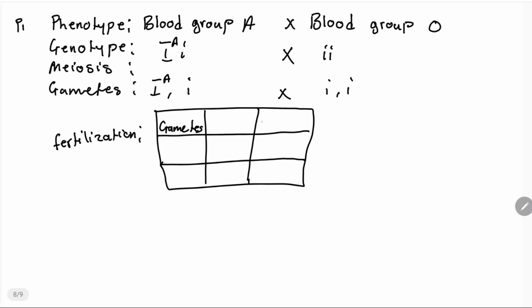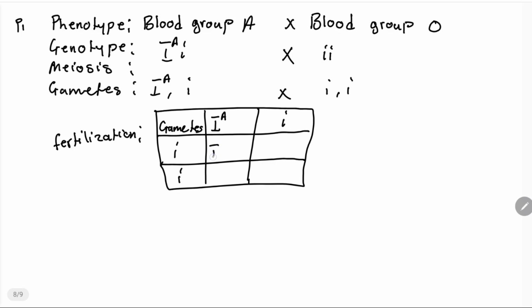In front of the word gametes, we're simply going to write the gametes of the first parent, starting with the first gamete, which is capital letter I^A, followed by small letter i. Below the word gametes, we're going to write the gametes of parent number 2, starting with small letter i, small letter i.